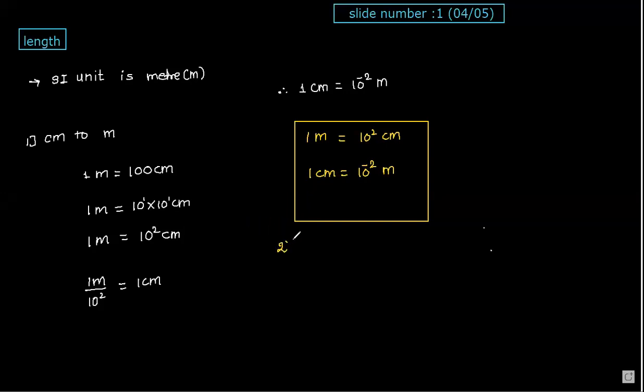Yes, sir. Next is millimeter to meter. Okay. What is next? Millimeter to meter. How to convert this millimeter to meter or even meter to millimeter? So let's see here.